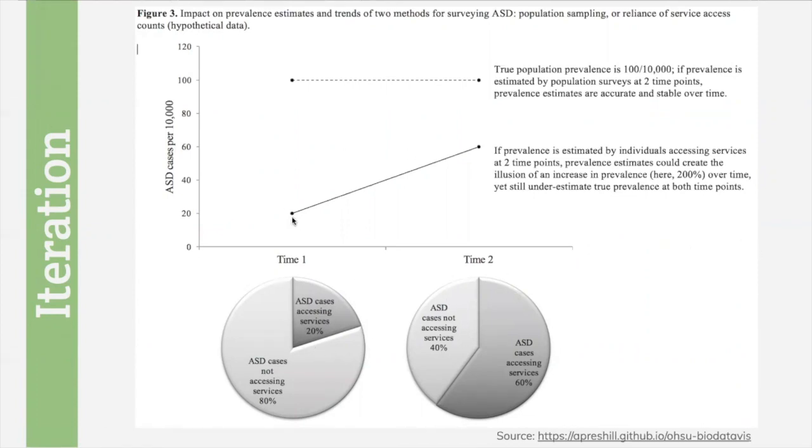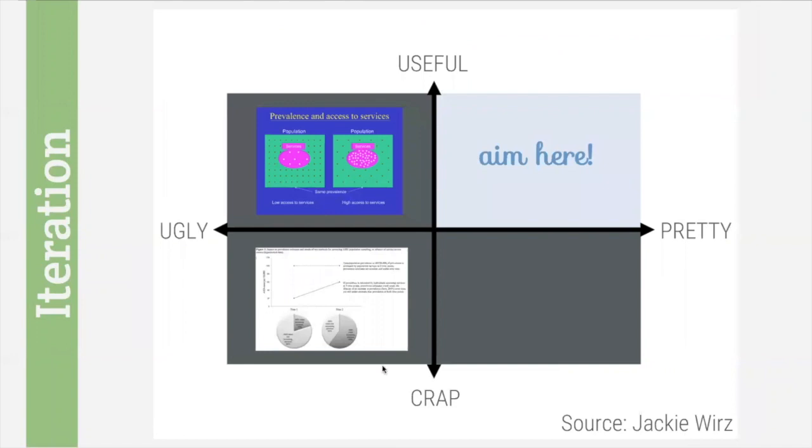If you take a quick look, there's a lot of text you have to read to understand what's going on. And there's these pie charts down here that correspond to time, and that somehow corresponds to these lines up here. So Allison decided to improve upon these two, which showed the same information and aimed to be useful and pretty.